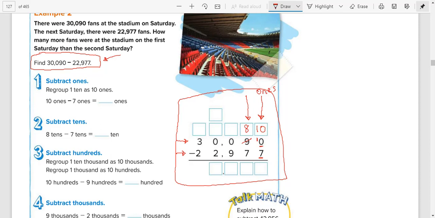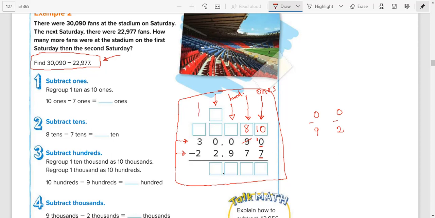Okay? Let's complete all the boxes. Look at the third one, the hundredths place, value. We also have 0 and 9. 0 and 9, not possible. Go to the next one, the thousands place. We have 0 on top, 2 under, not possible. 0 is smaller than 2.